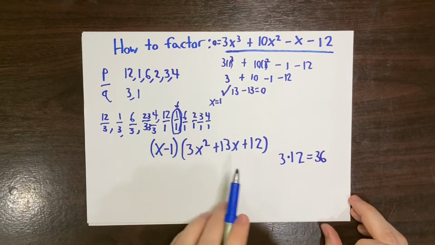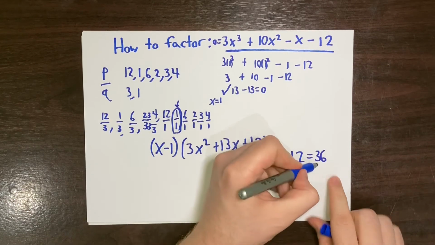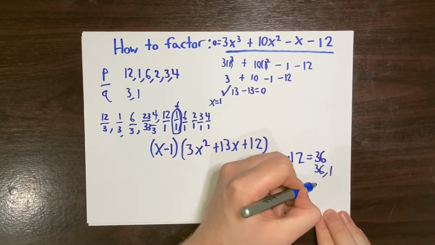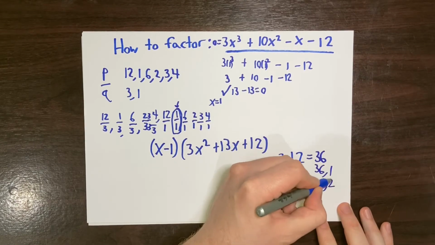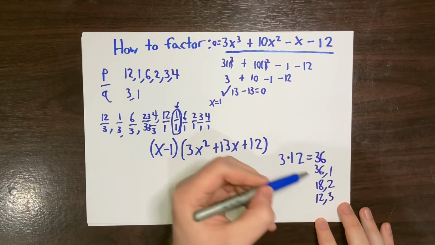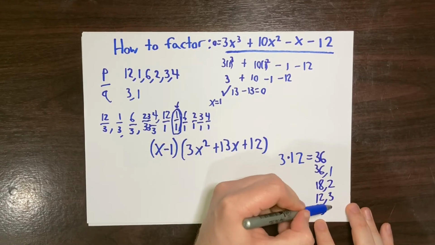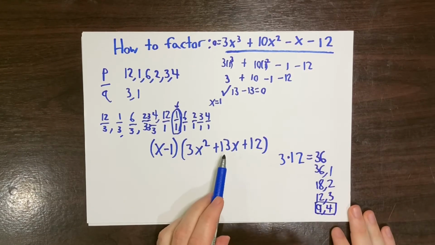And so that means that we need numbers that multiply to 36 and add to 13. Let's run through some factors. 36 and 1. We've got 18 and 2. We've got 12 and 3. We've got 9 and 4. And we can stop there. 9 and 4 add to 13.